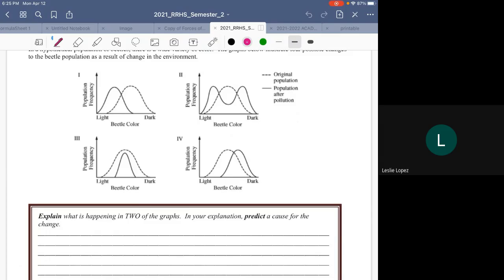So I'm going to start with graphs 1 and 4 because my explanation for them is going to be very similar. In both of these cases, what we're looking at is an example of directional selection.